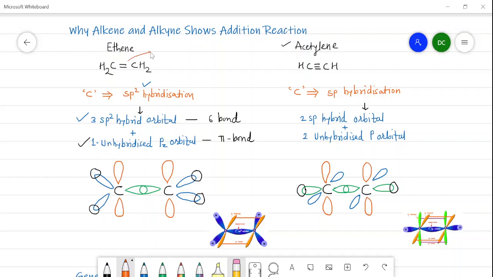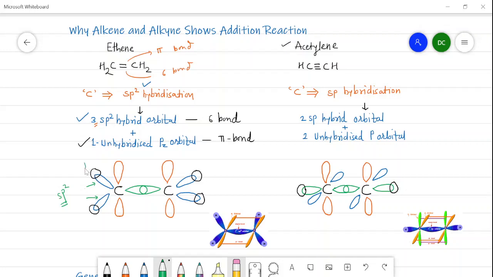Now here you can find the structure of ethylene. Here there is the presence of one pi bond and one sigma bond. Now out of the 3 sp2 hybrid orbitals of this carbon, 2 sp2 hybrid orbitals, these two ones, are used for the formation of sigma bonds with the hydrogen.